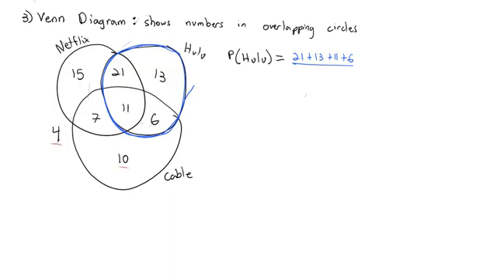So if I add 4 plus 10 plus 7 plus 6 plus 11 plus 13 plus 21 plus 15, the total is 87 people. So to get the probability, we divide by 87. Adding the numerators, we have 51 out of 87 subscribing to Hulu. That would be 0.59 approximately, or 59%.